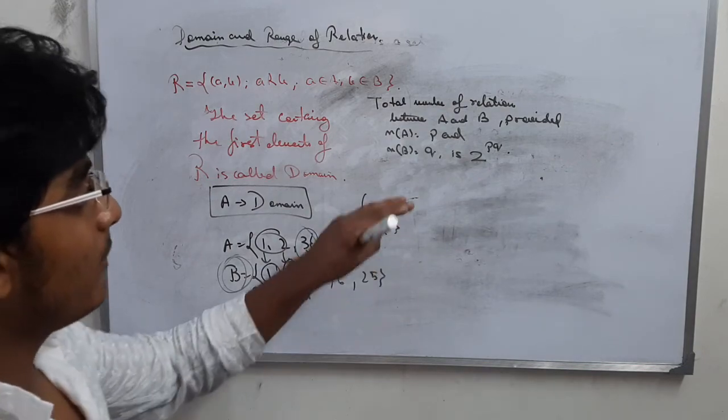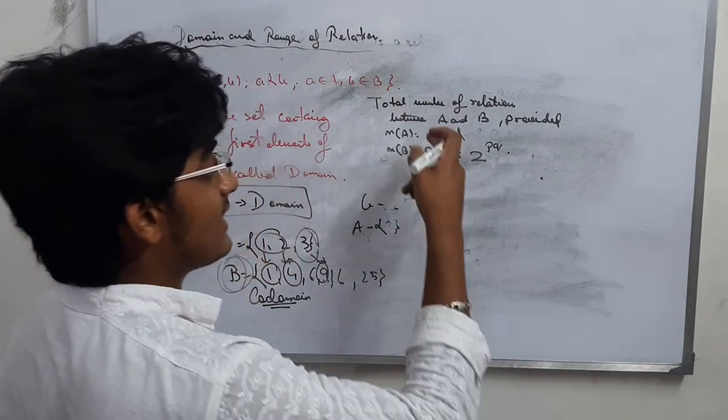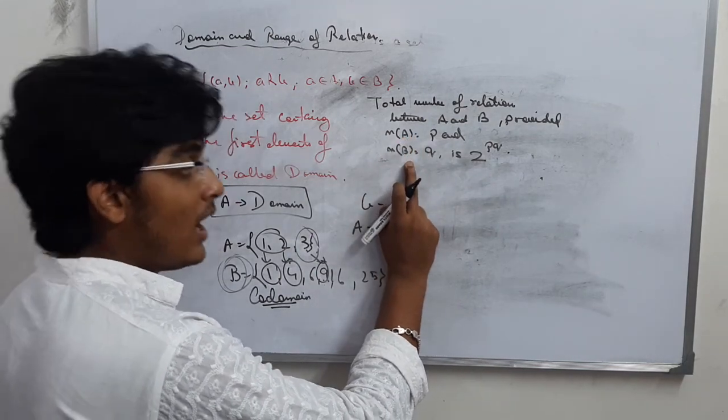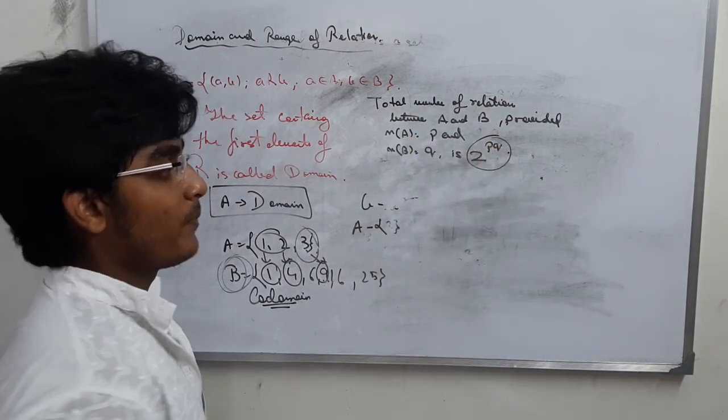Okay. Total number of relations possible between set A and set B, provided the cardinal number of set A is P and the cardinal number of set B is Q, is 2 to the power PQ.